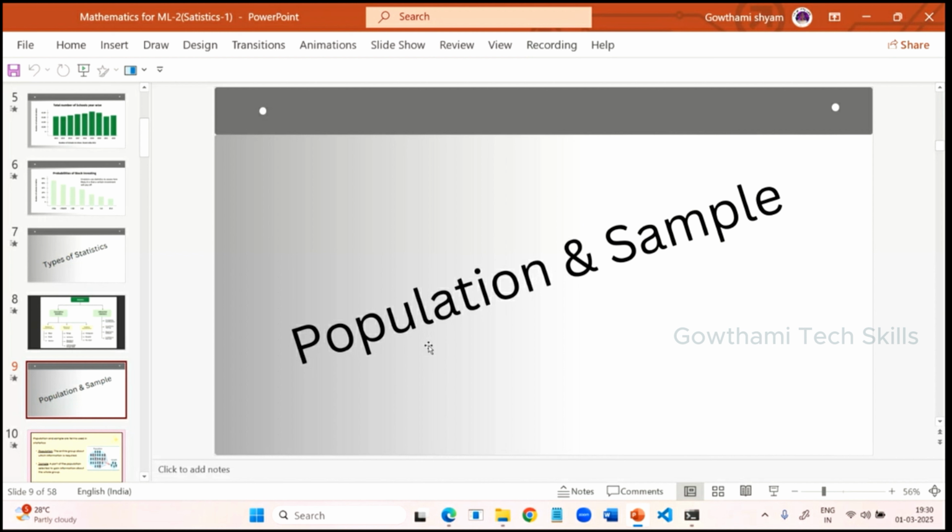Then by getting that value, you can conclude that this is the output for this complete data set. If you are taking 1,000 points in your data set and choosing only 100 points, those 100 points I can call a sample. The 1,000 points in the data set, I can call a population.